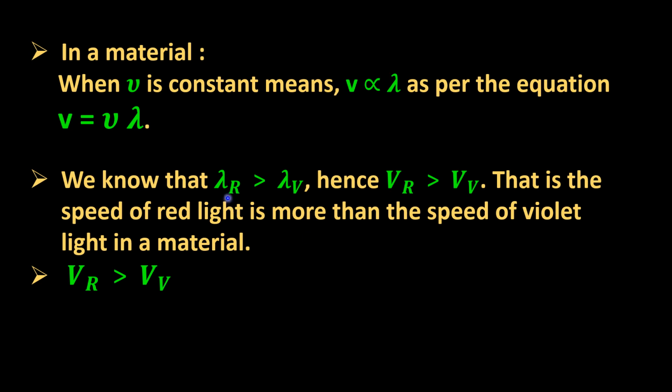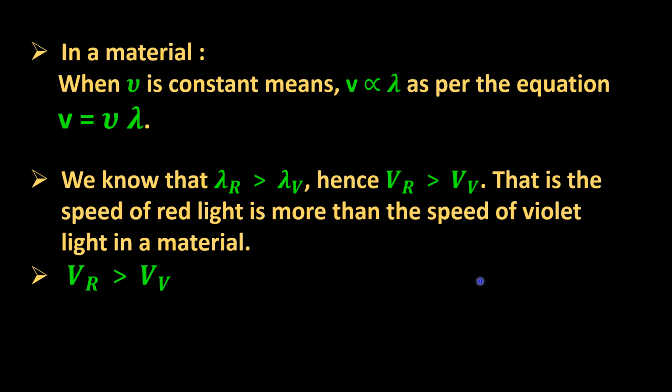When wavelength is more, speed is also more. When wavelength is less, speed is also less. In our case, we already know the wavelength of red light is more than the wavelength of violet light. That leads to the speed of red light being more than the speed of violet light.